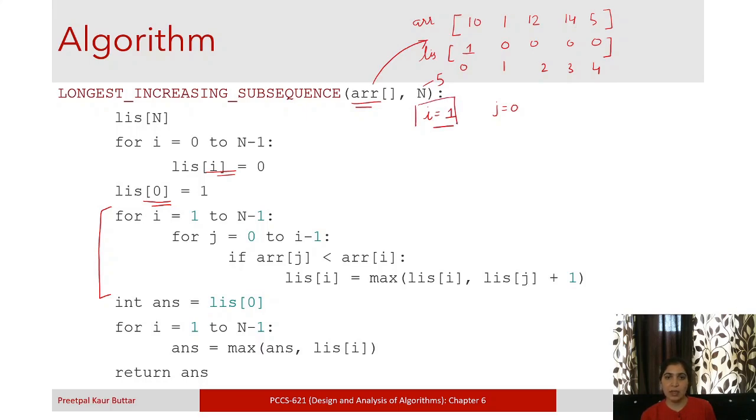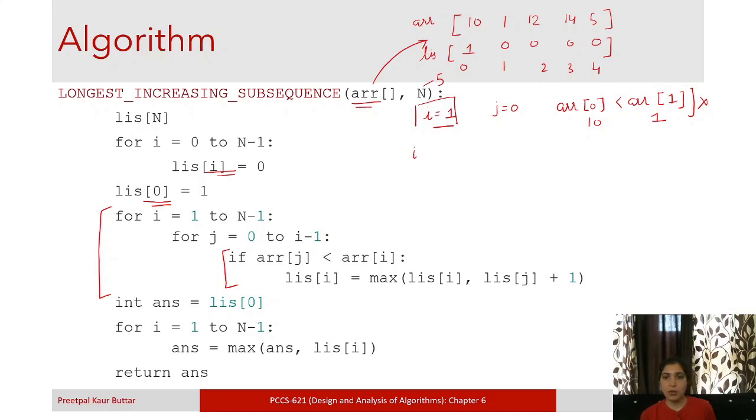This is the condition which should be satisfied: array at j should be less than array at I. Array at j is 10 and this is 1, so this condition is not satisfied. So this will not execute, and we move to the next iteration. The j loop cannot iterate further, so this j loop is complete.